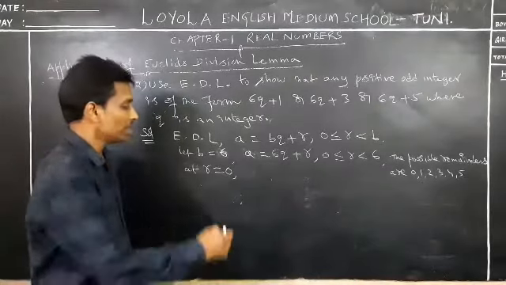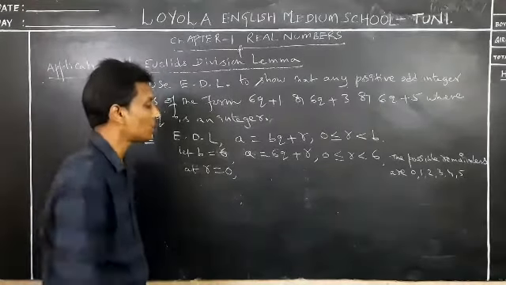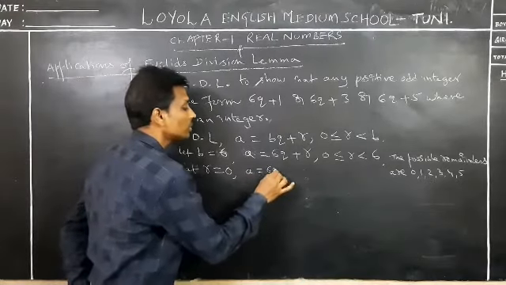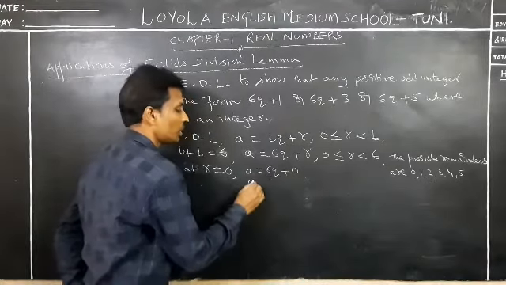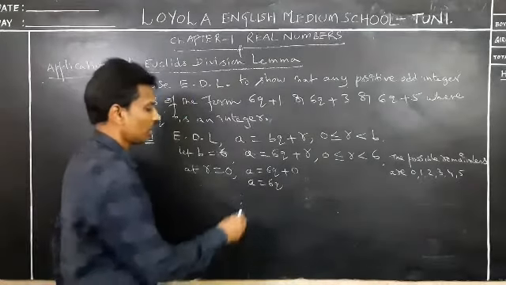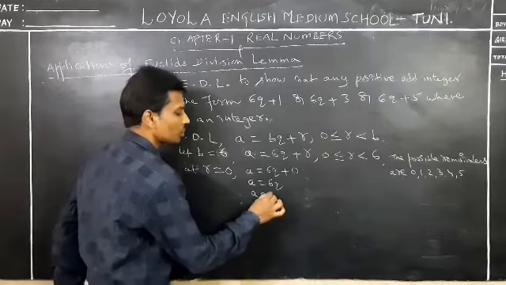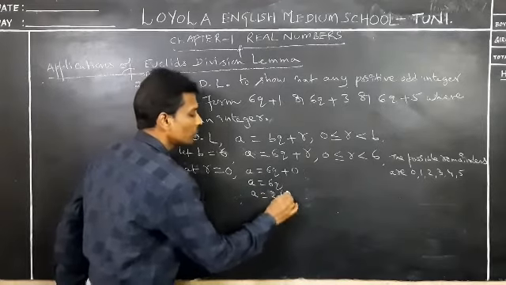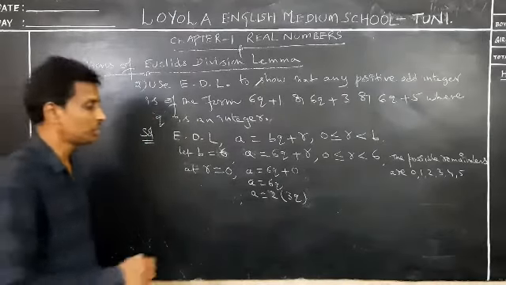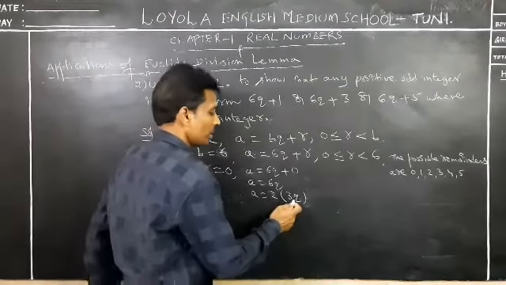While substituting r is equal to 0, what is the value of a? A equals 6q plus 0. Now a is equal to 6q. May I write 6q as 2 into 3q?